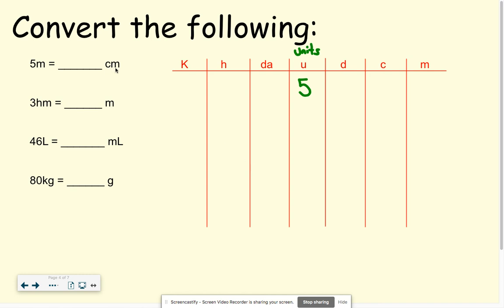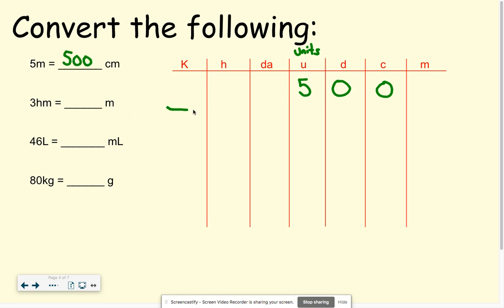And we're trying to get to CM. Notice this one has 2 letters. So if it only has 1 letter, it's going to be the unit. If it has 2 letters, that's where we're going to. So we're trying to get to where the C is. What we do is we fill in with zeros. So 5 meters is equal to 500 centimeters.